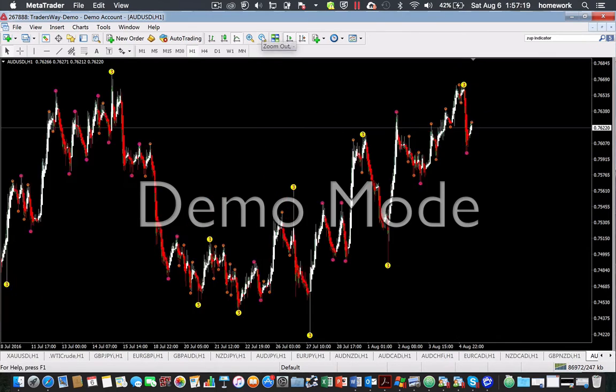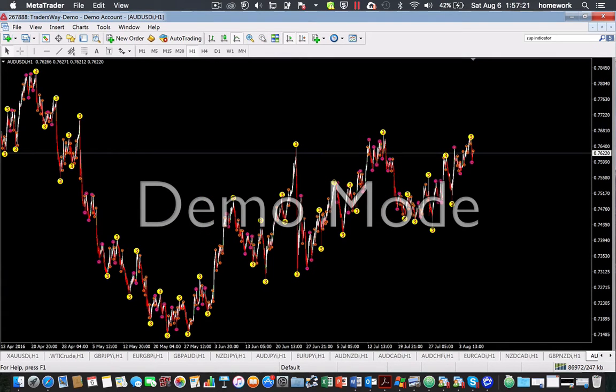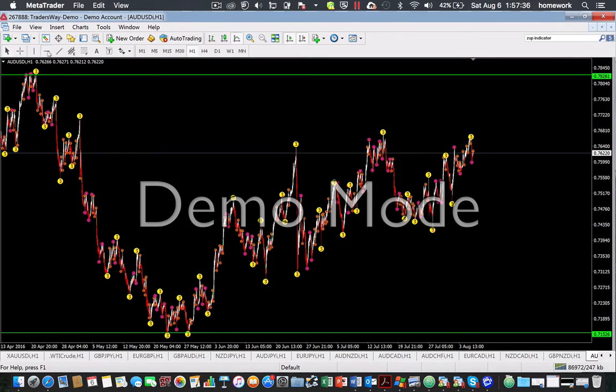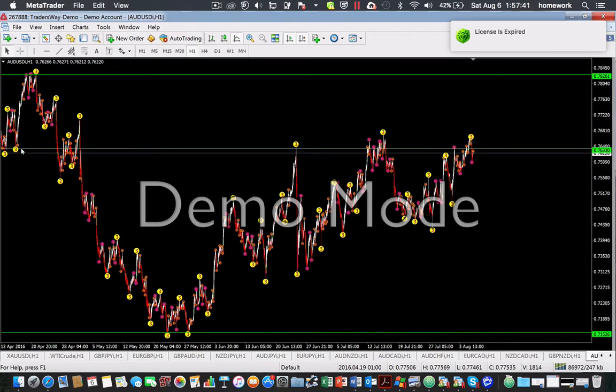And the next thing I do is minimize until I cannot minimize anymore. And I start doing my support and resistance as 1, as 2, as 3.